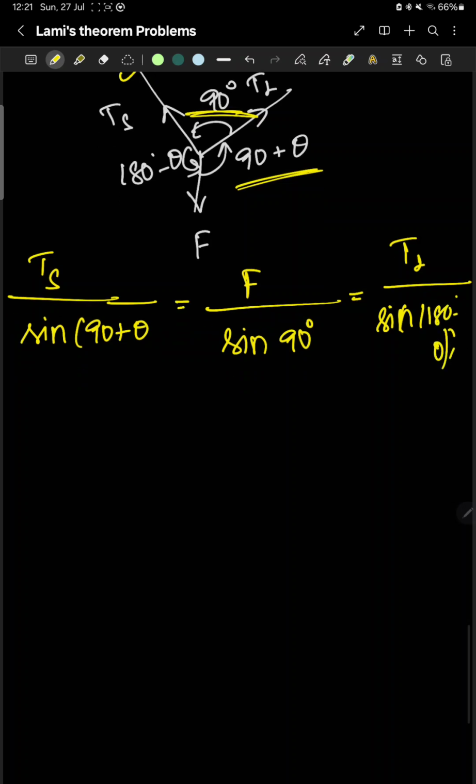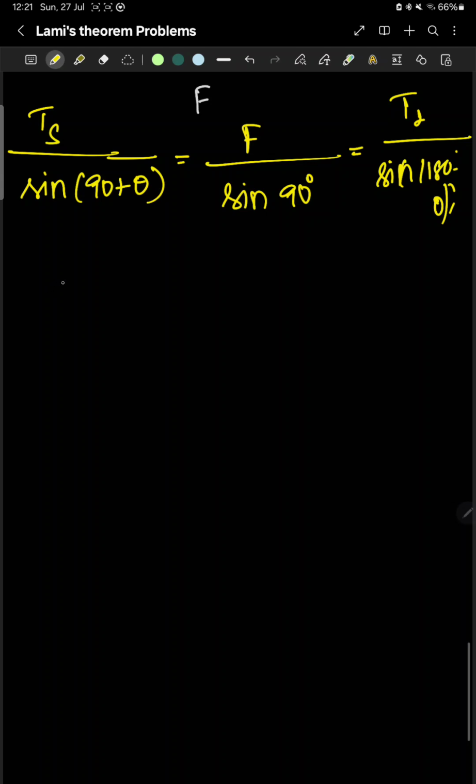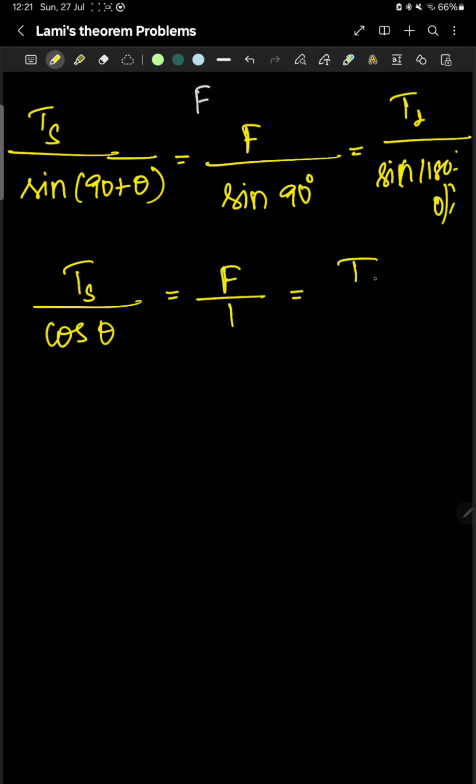Now sine 90 plus theta will become cos theta, so Ts divided by cos theta is equal to F by 1, which is equal to TL, and sine 180 minus theta will become sine theta again.